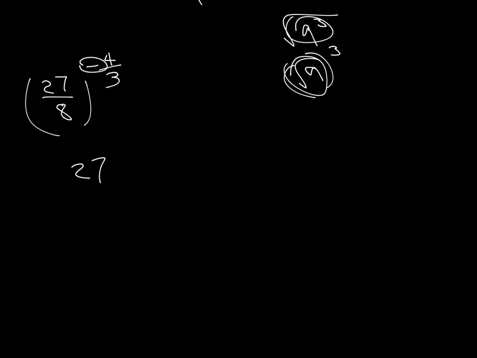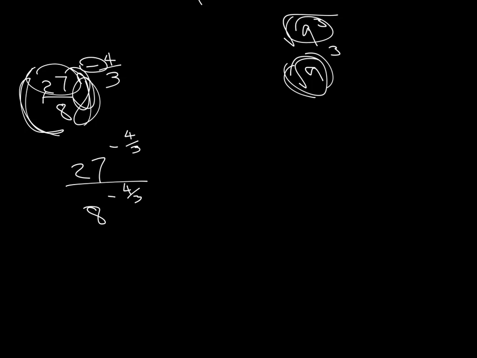So let's go ahead and write it as 27 and 8 to the negative 4/3, because in the grouping here it says that both this and this get the negative 4/3. Okay, so because of this negative we're going to move it up, and because of that one we're going to move it down. So they're kind of like switching places here. Now the signs are positive, okay, which is always good.